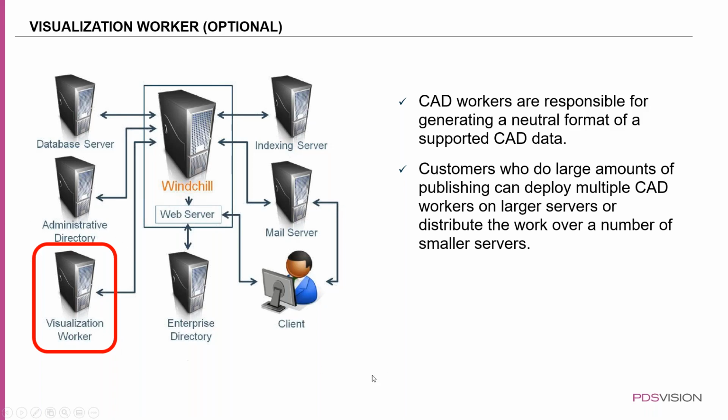That sort of data that you can open in Creo View is actually generated using the visualization worker. And if you are a big company with a lot of Windchill users, you might want to add multiple CAD workers so that Windchill can split the publishing work amongst them, so that you don't have a backlog of published jobs in your system.